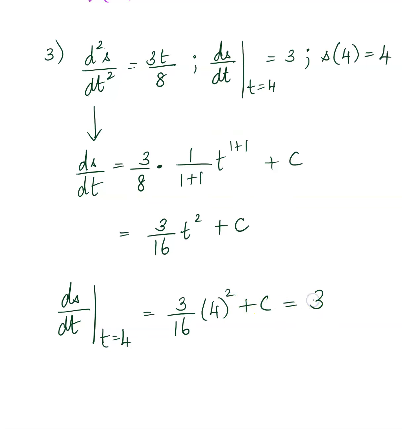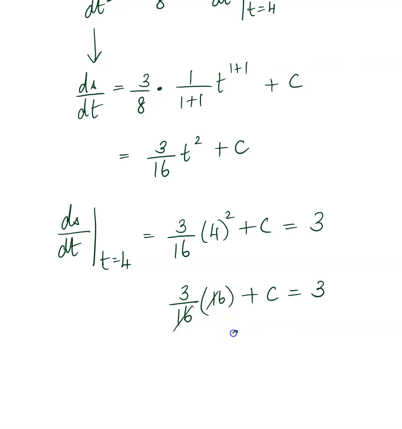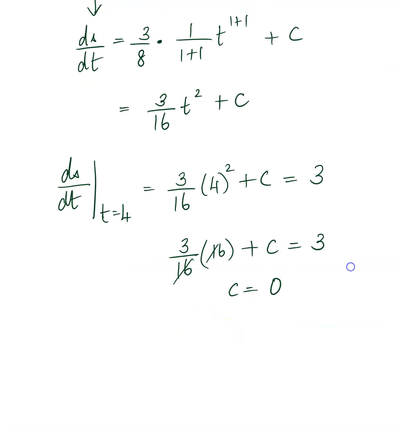It's given to be 3. So 3 minus 3, so actually c is 0. So come back here and say ds over dt is 3 over 16 t squared itself.